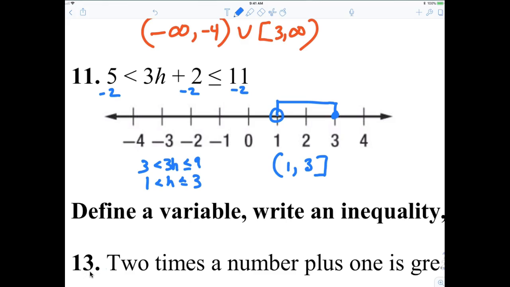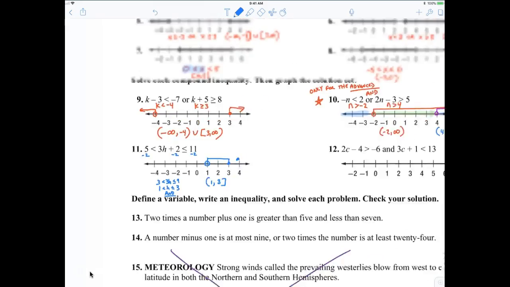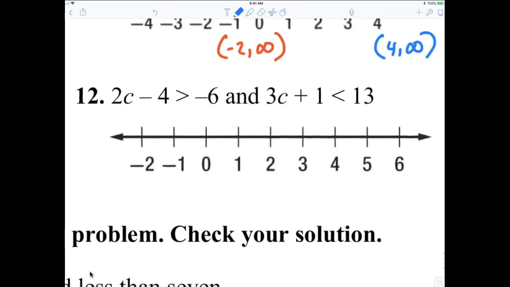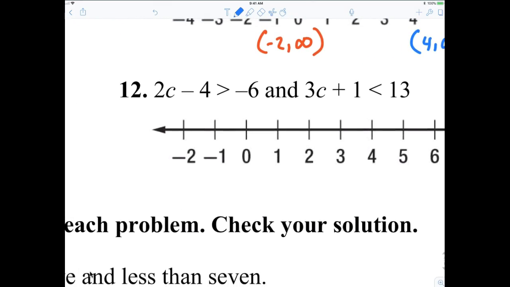Any issues? Why does it stop? Why didn't the arrow go on? Because if it went on, this number over here would not be less than 3. This is an and statement, so it has to be true for both. Let's look at number 12 now. Again, mental math, you should just look at that and automatically say C is what?